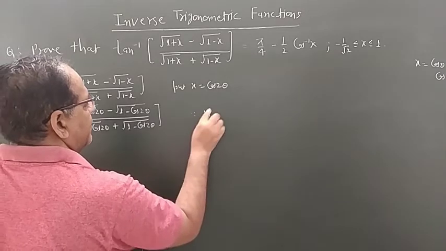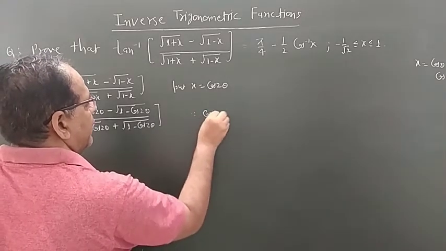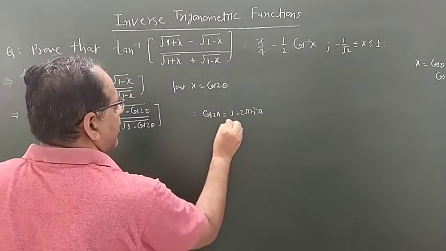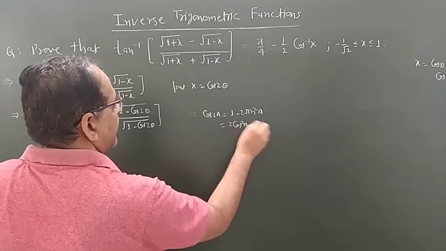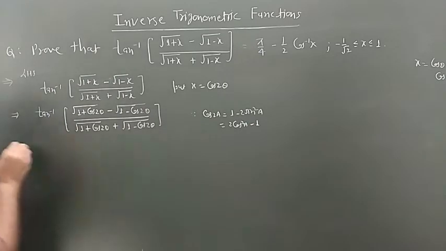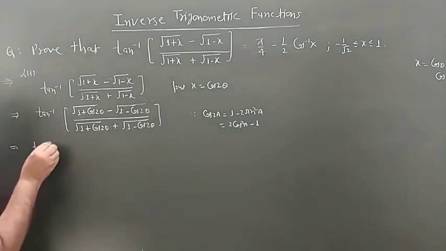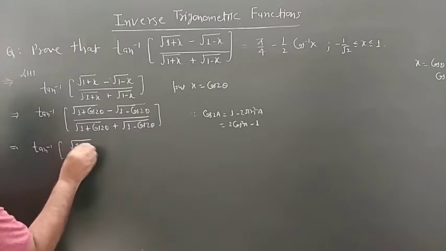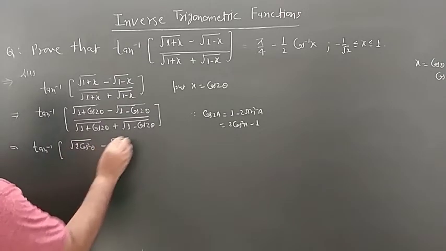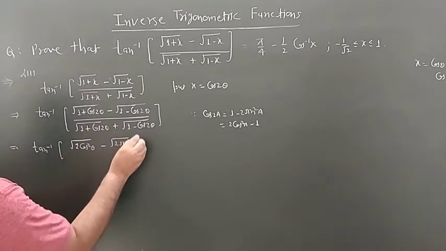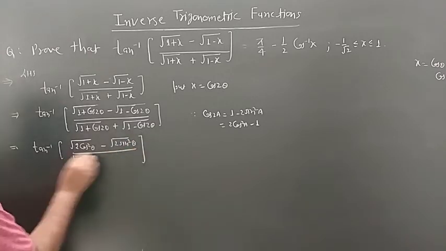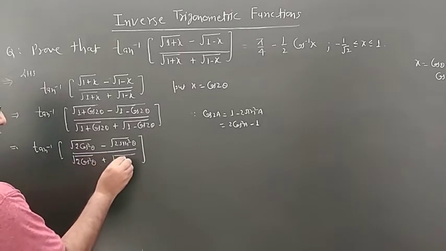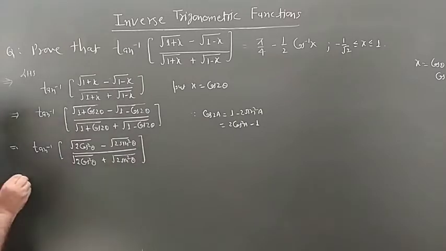Since cos 2a equals 1 minus 2 sin square a equals 2 cos square a minus 1, now we use this identity. So we have tan inverse of (under root 2 cos square theta minus under root 2 sin square theta) upon (square root of 2 cos square theta plus square root of 2 sin square theta).